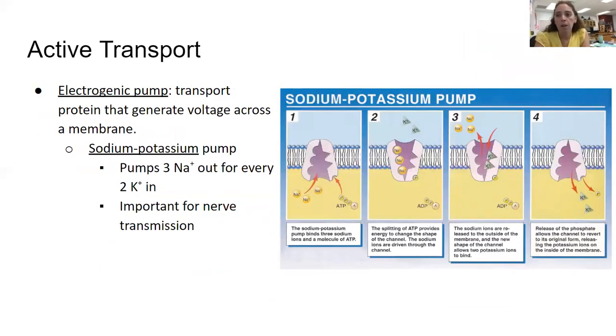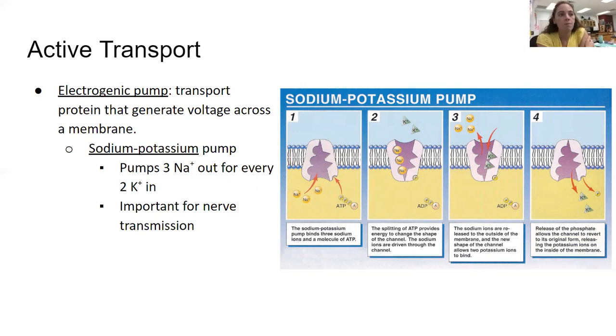There's a couple of protein pumps that help with this process. We've got two main types, a sodium-potassium pump and then a proton pump, and that one's on the next slide. But here let's look at our sodium-potassium pump.